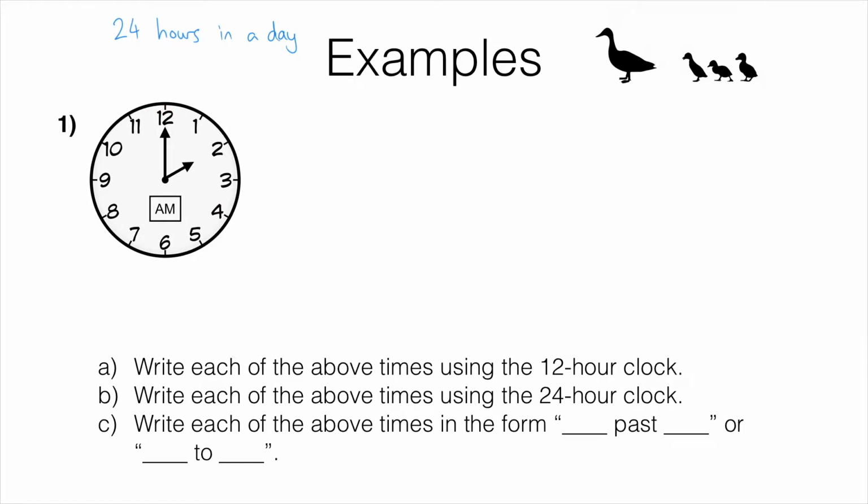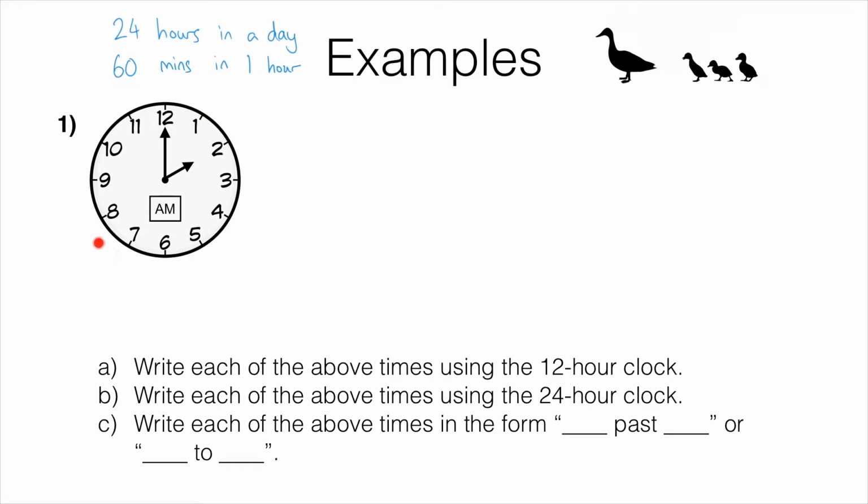Now, there are 60 minutes in 1 hour. And what happens here is that the minute hand goes around the whole clock face once every hour, which means these numbers on the clock don't match up to how many minutes have gone past since the change of hour.